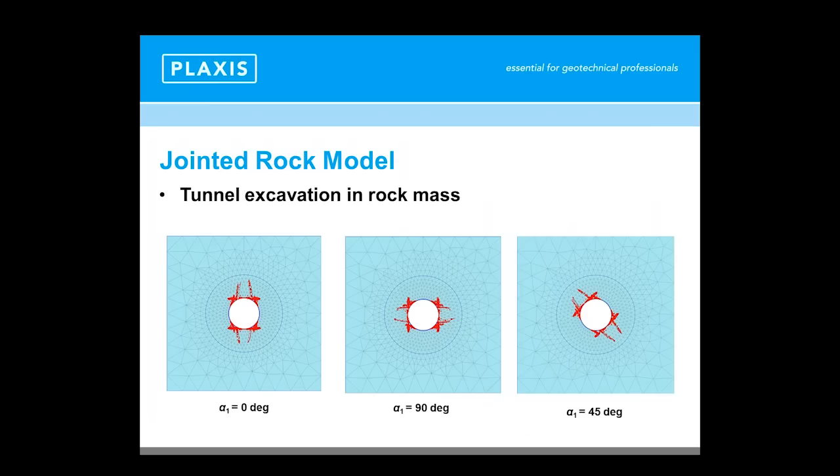So here I can give a very simple application of this model when considering a circular excavation in a rock mass using respectively 3 different angles of the failure direction of respectively 0 degrees, 90 degrees, and 45 degrees. And what you see is the development of plastic points, which are predominantly developing along this direction.